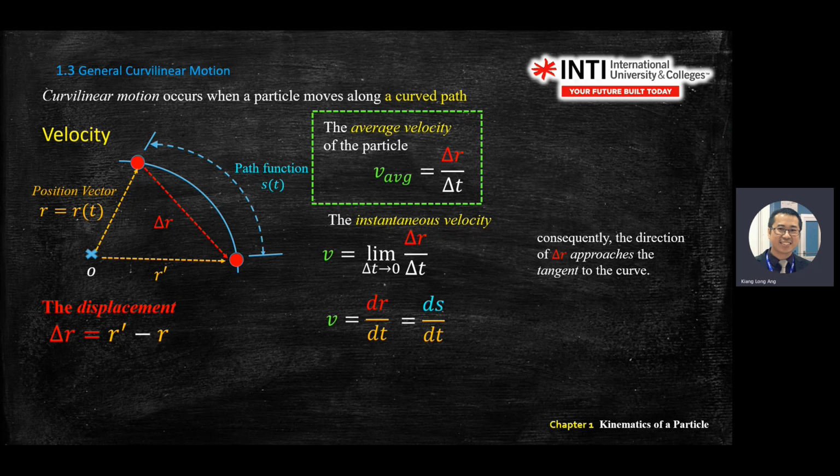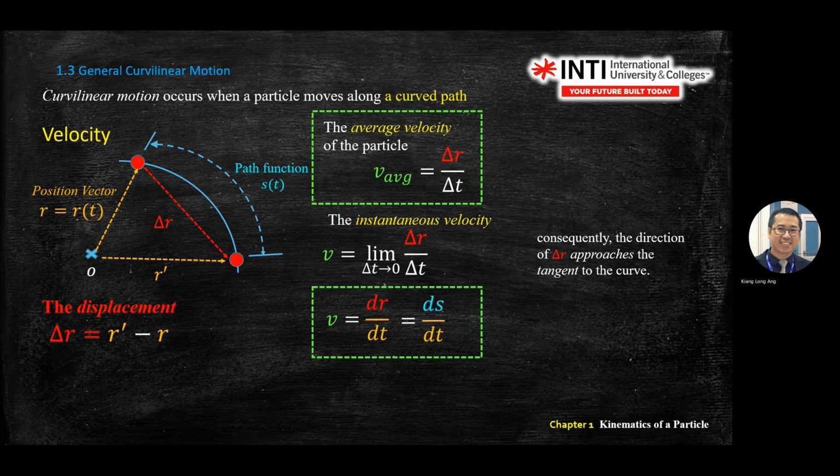Make sense? It means if the angle is very, very small, then this distance is almost the same as this one, so we see it as a straight line. It is what you learned in mathematics. So this is the second equation you need to learn. The first one is the position, and the second one is the velocity, v equals dr dt equals ds dt.